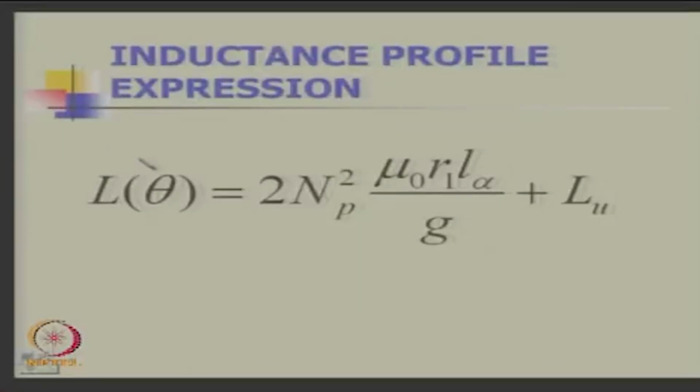Here is mu naught. So you have mu naught times R1 into L alpha, that is how much you have moved, divided by g. You can just check this. We are assuming a linear variation, so there will be one reluctance at the minimum value and another reluctance at the maximum value.